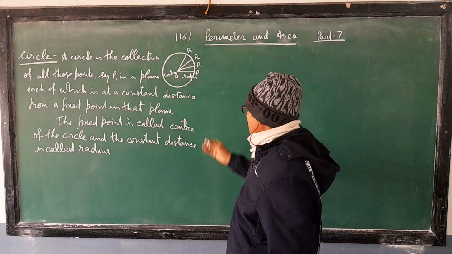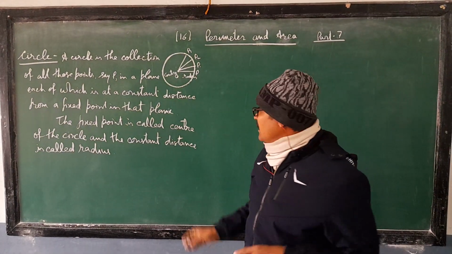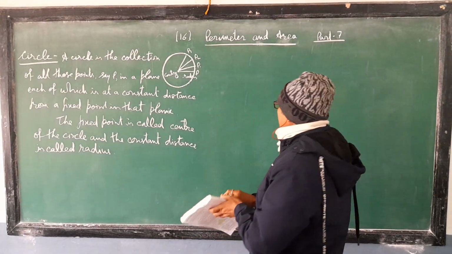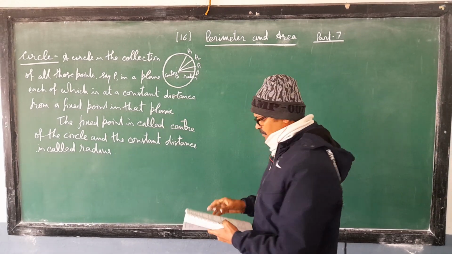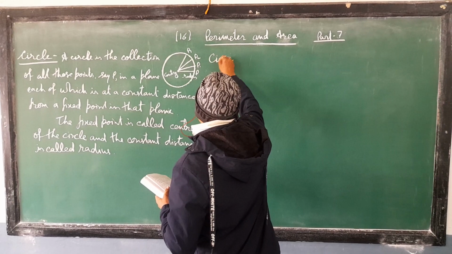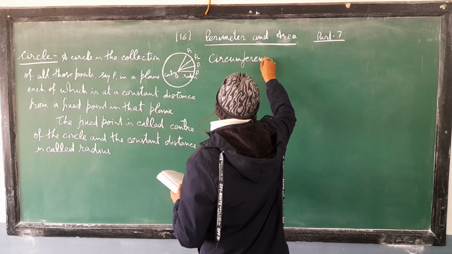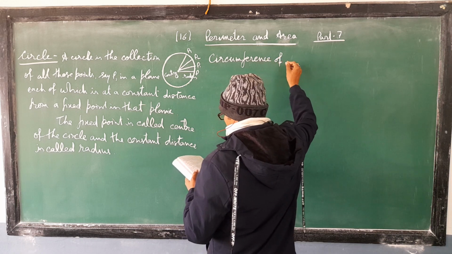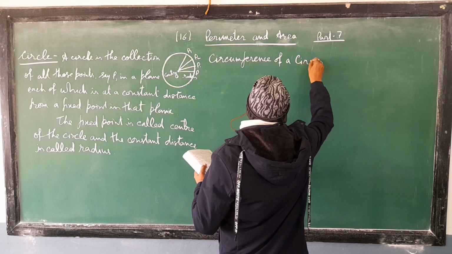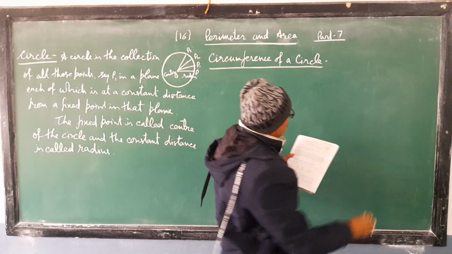A circle has so many radii. The plural of radius is radii. So we can say a circle has many radii. Now circumference. Let us add it. So what is circumference?